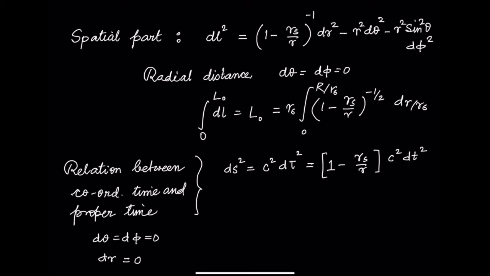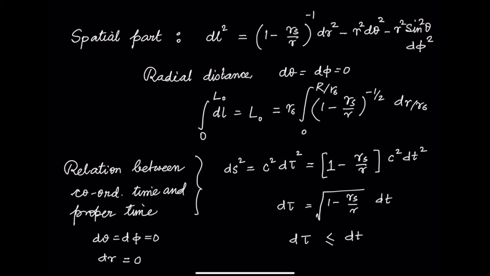It cannot be a space-like interval and start measuring the time there. Now, what I see here is that d tau is the square root of 1 minus rs by r times dt. Because 1 minus rs by r is always less than 1, d tau is always less than or equal to dt. In fact, if r equals infinity, then these two are the same.